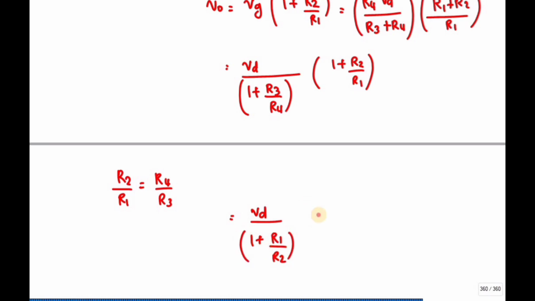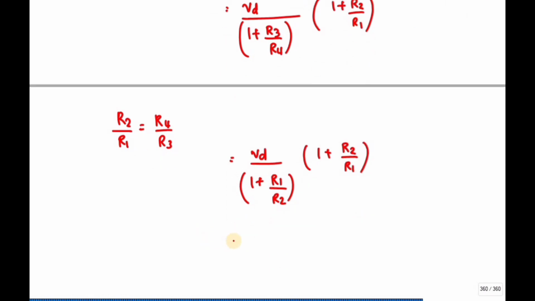Now solving this, you will get R2 divided by R2 plus R1 into VD into R1 plus R2 divided by R1.